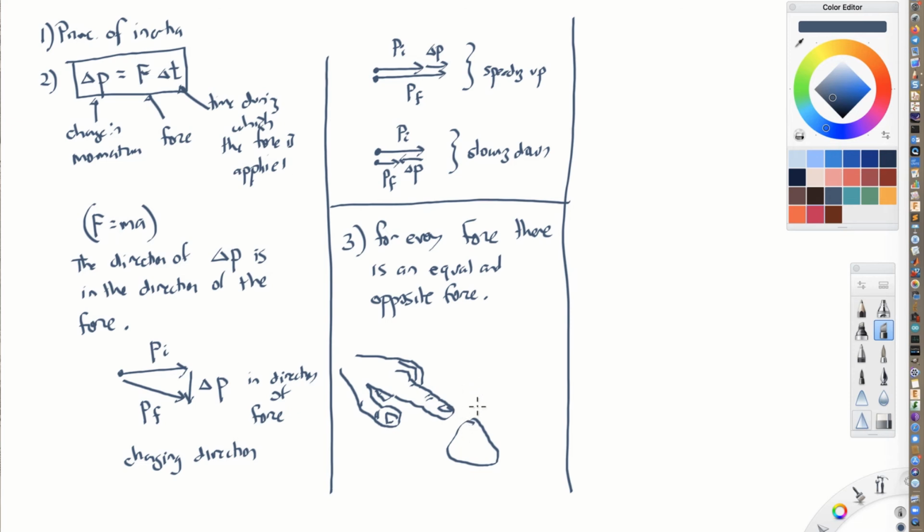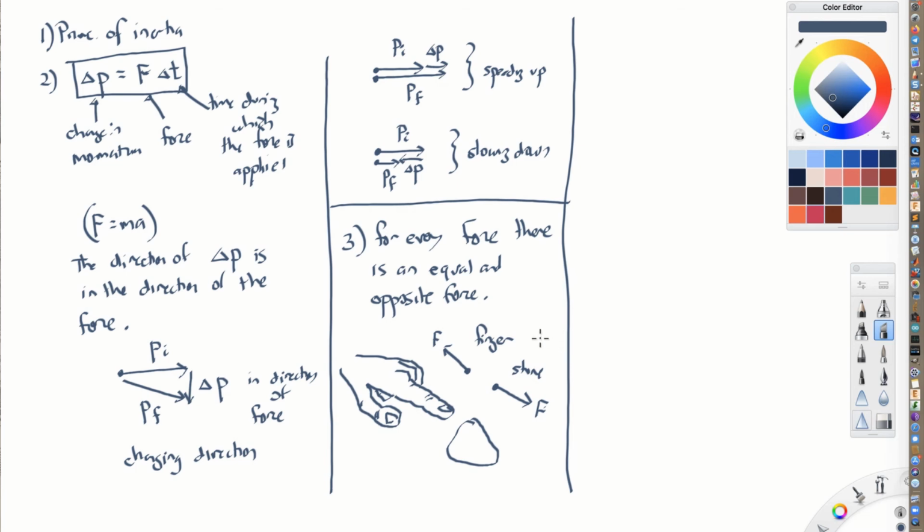If you represent your finger by a dot and the stone by a dot, it's a simplification we'll talk more about later. This represents your finger schematically, and this represents the stone. If your finger pushes on the stone with a force in that direction, then the stone pushes back on your finger with the exact same force, but in the opposite direction.